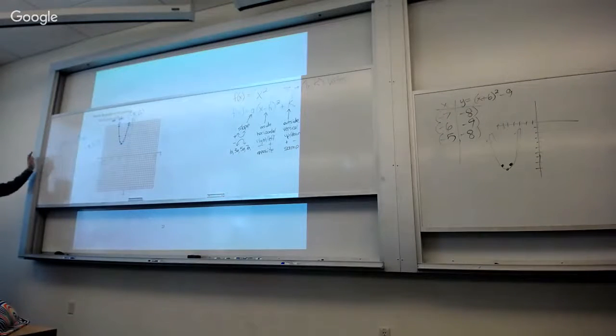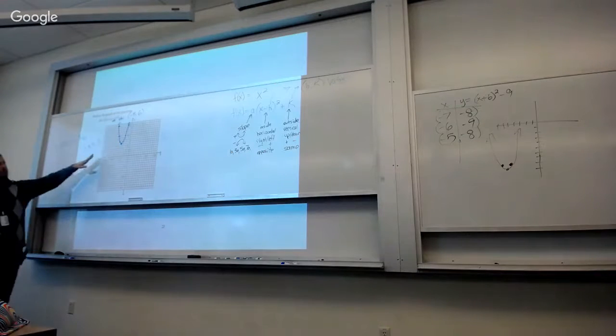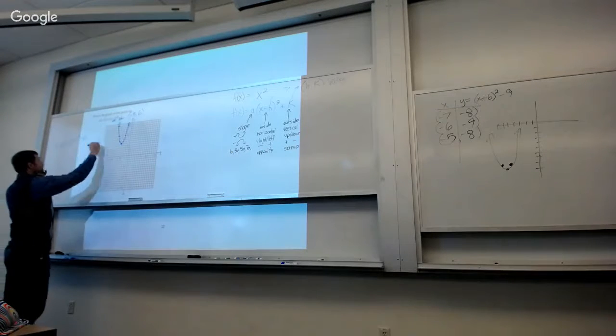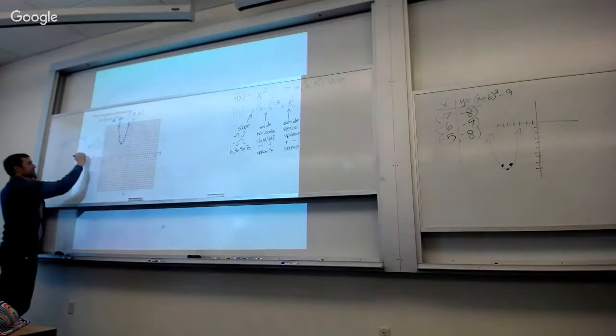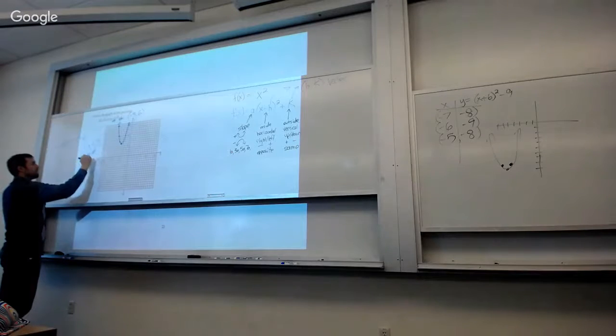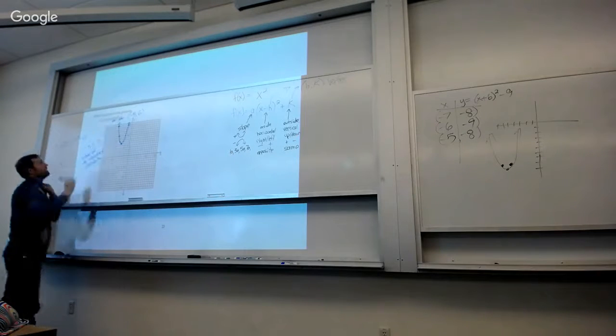Oh, well, this I gave to you as the definition. This is the slope of the standard parabola. So if you're just looking at a standard parabola, and by a standard parabola, I mean the fact that there's a 1 in front.